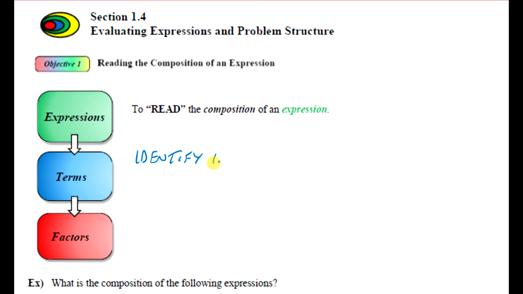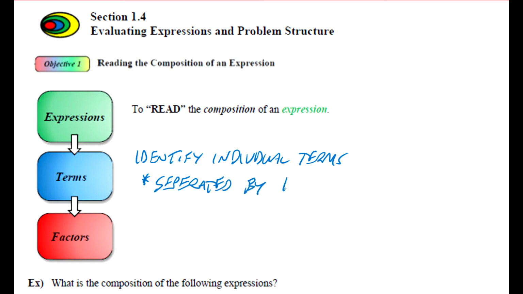So we're going to identify individual terms. And remember, they're separated by a plus or minus outside of grouping symbols.